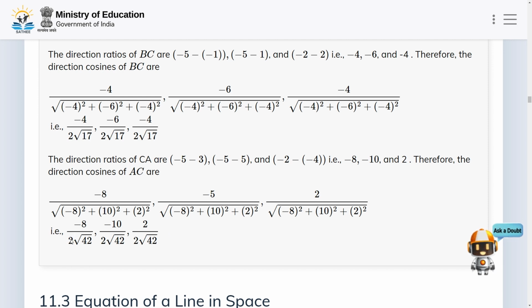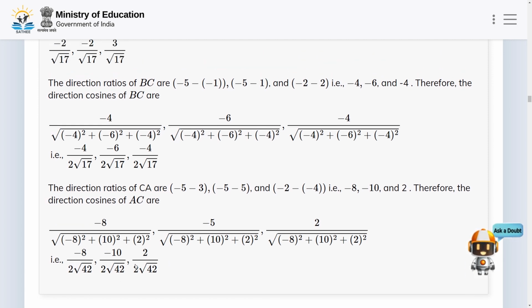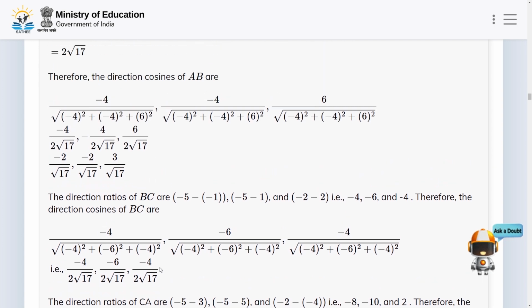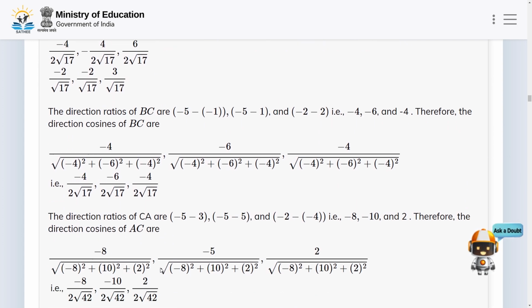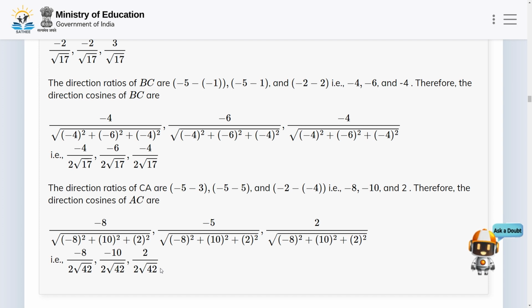This means -8 divided by 2 root 42, -10 divided by 2 root 42, and 2 divided by 2 root 42. So with this, the last problem of this exercise 11.1 is done.